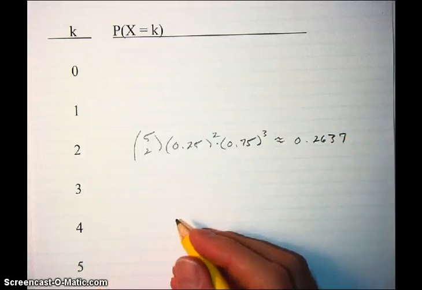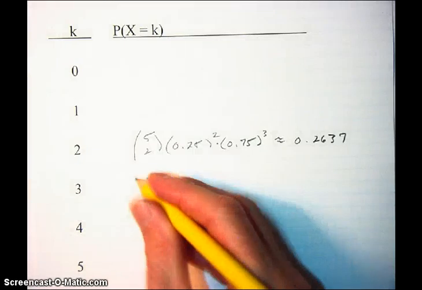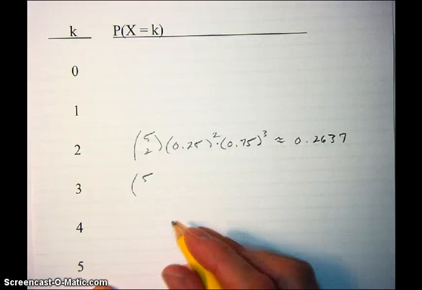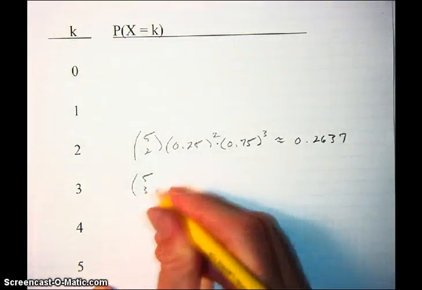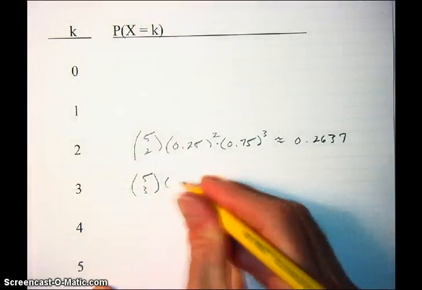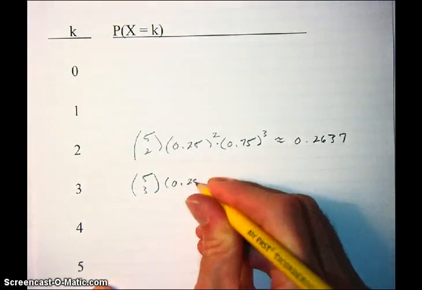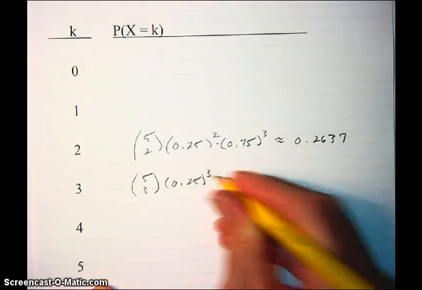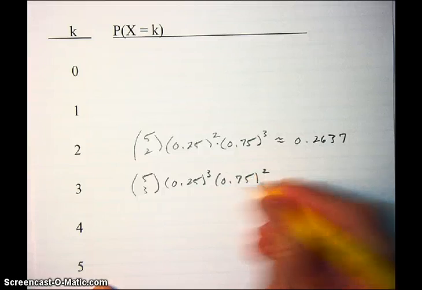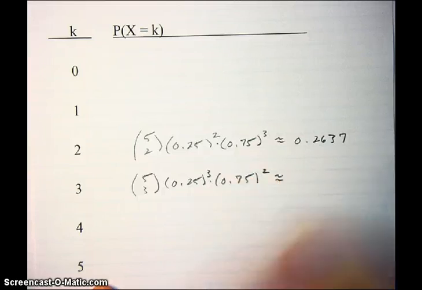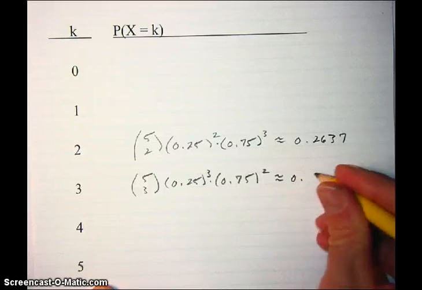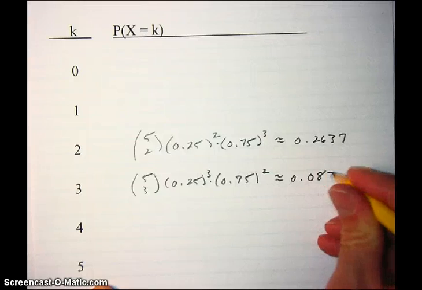If you look for the probability that X is 3, well, there are 5 positions in the strings of successes and failures, and we can choose any 3 of those positions to be occupied by successes, and we'll multiply that times the 0.25, which now is occurring 3 times, and the 0.75, which now is occurring 2 times. And we can put that in our calculator, and that would work out to be approximately 0.0879.